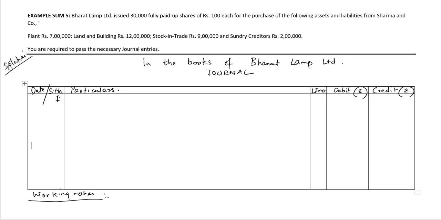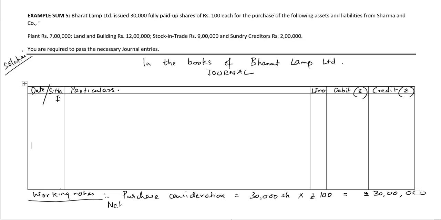As per the question, the number of shares issued by Bharat Lamp Limited is 30,000 fully paid shares of rupees 100 each. Therefore, the purchase consideration is equal to 30,000 shares multiplied by rupees 100, the issue price, which is equal to rupees 30 lakh.